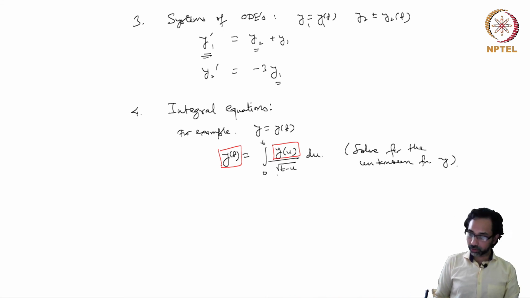It can also handle convolution equations. In this example, we have a convolution y star the function 1 over square root of t, and so we know from the convolution theorem what kind of Laplace transform it has, and so one uses the Laplace transform to solve these integral equations.